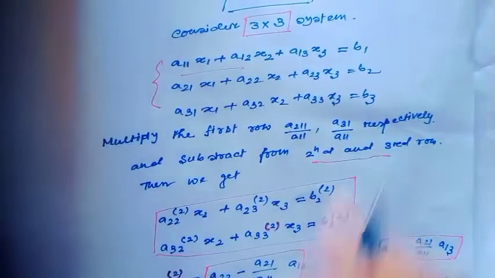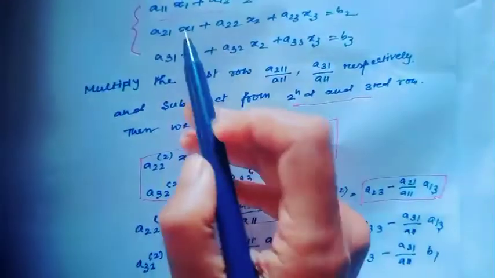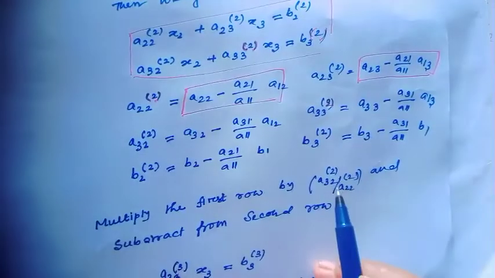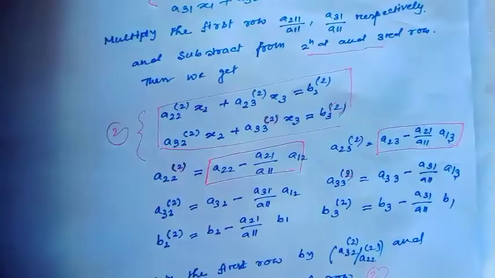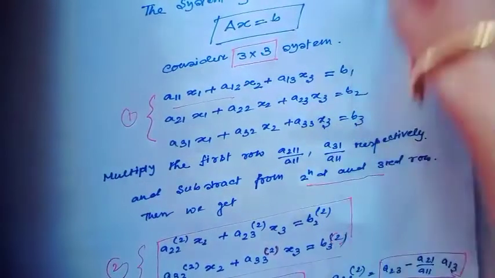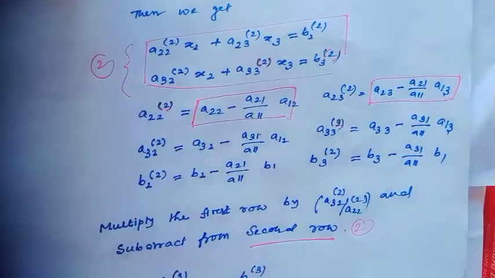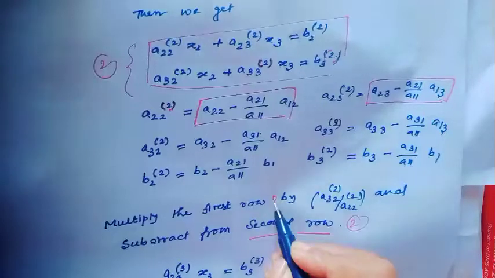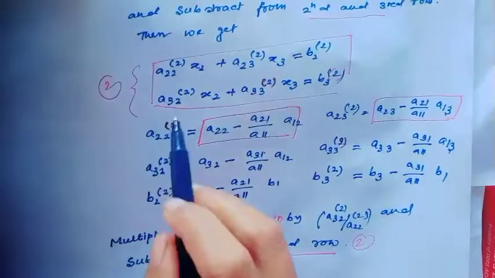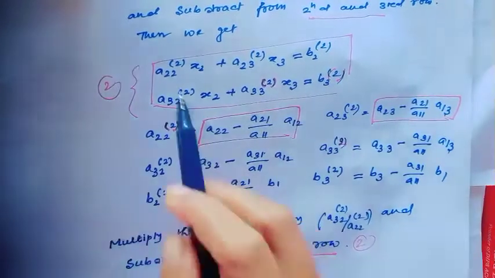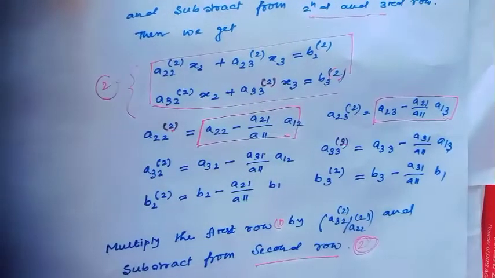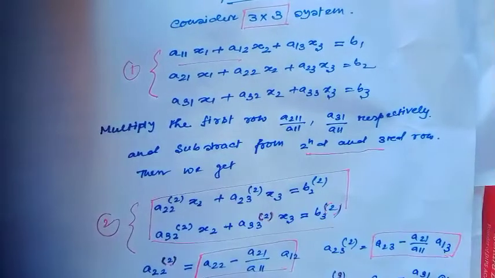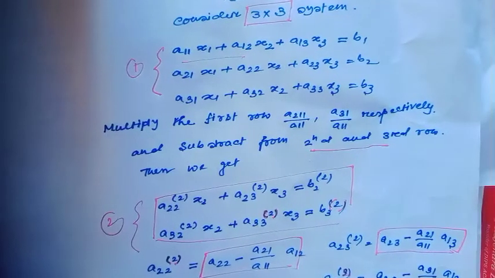Then multiply the first row again by a32 suffix 2 over a22 suffix 2 and subtract from the second row. Name this equation 1 and this equation 2. Then again multiply the first row of equation 1 by a32 suffix 2 over a22 suffix 2 and subtract from the second equation 2.